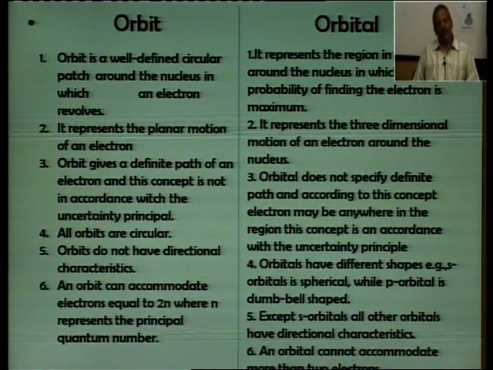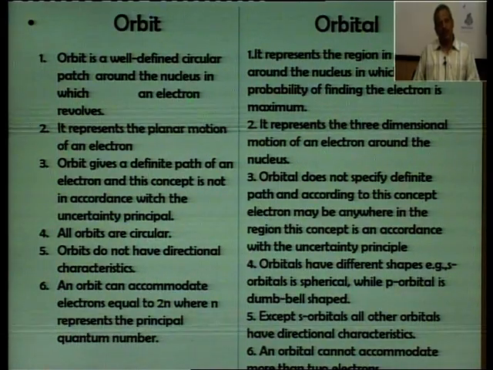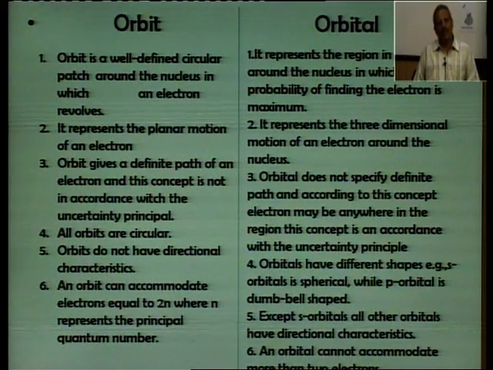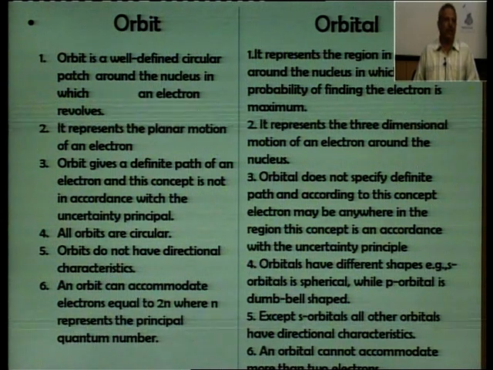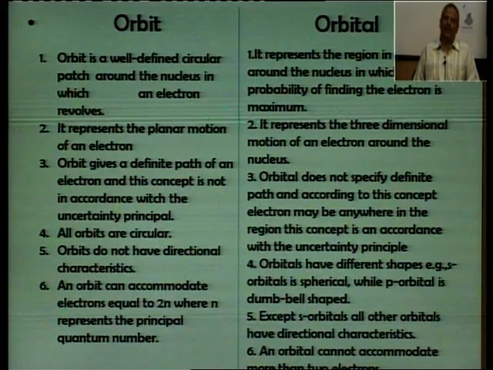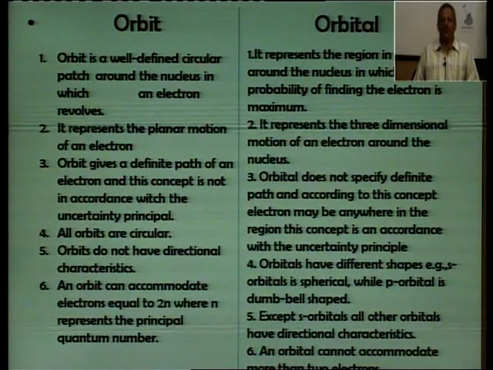So, there is a difference between orbit and orbital. This is very important to understand. An orbit is a well defined circular path around the nucleus in which an electron revolves, while an orbital represents the region in space around the nucleus in which the probability of finding the electron is maximum.